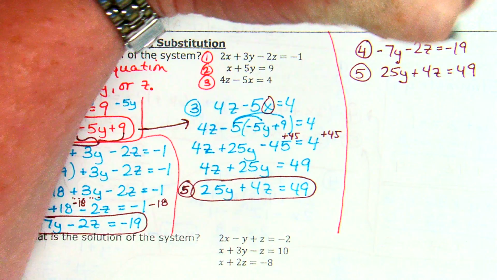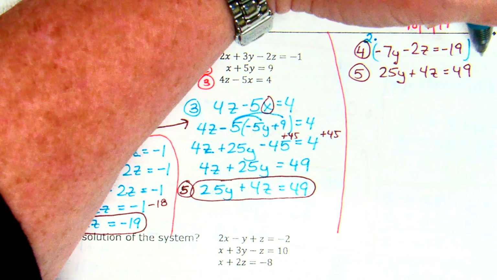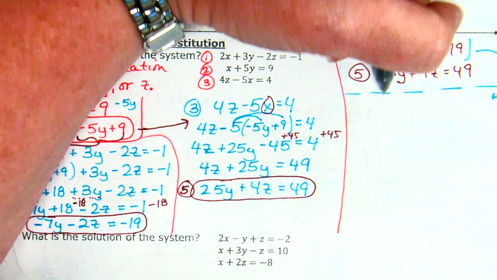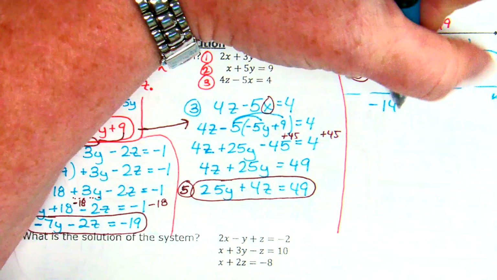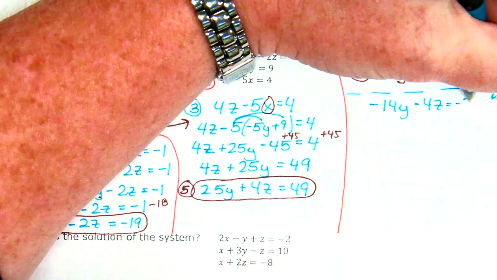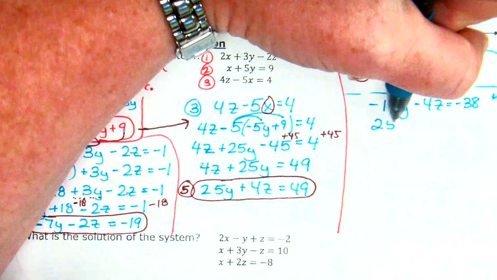So if I multiply the top equation by 2, that top equation becomes negative 14y minus 4z equals negative 38. My bottom equation stays as is, 25y plus 4z equals 49.